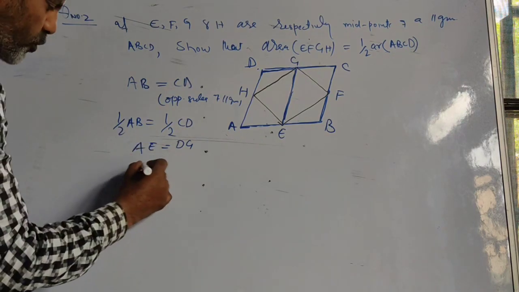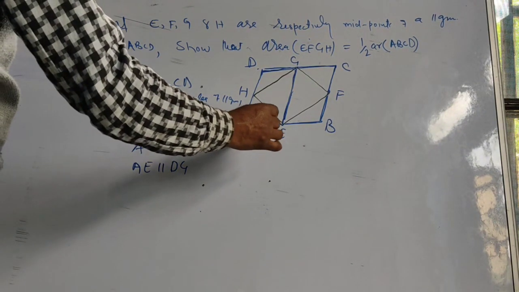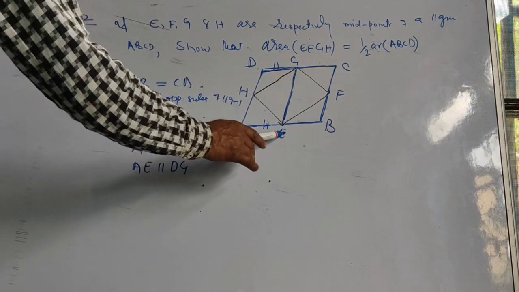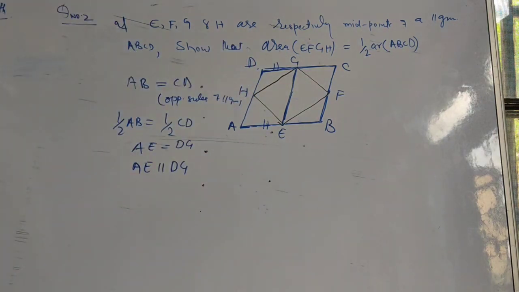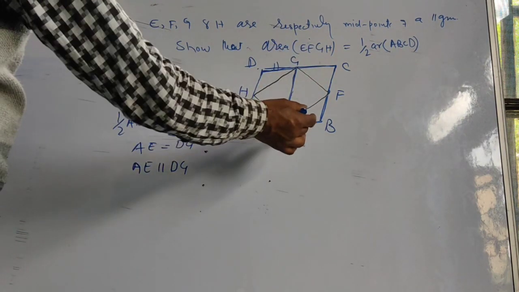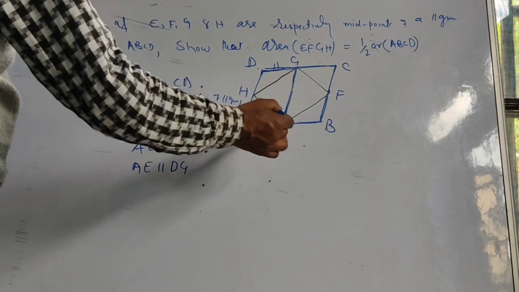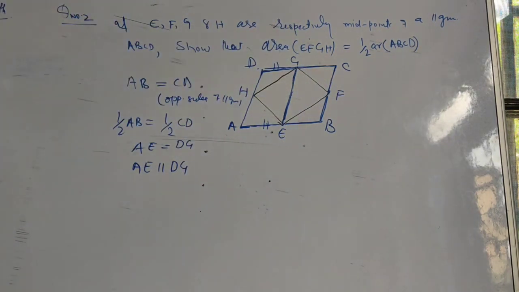But AE is also parallel to DG, AE is parallel DG, as AB is parallel DC. So AB is equal to DC, AE is equal to DG, AE parallel DG.